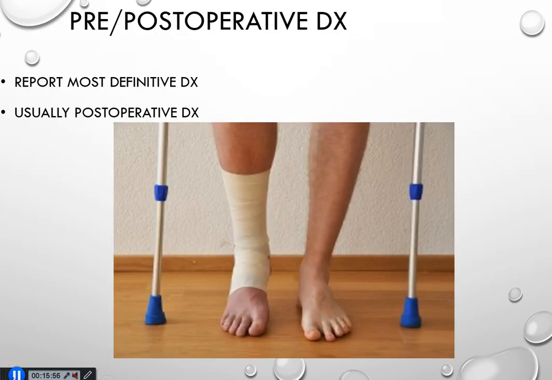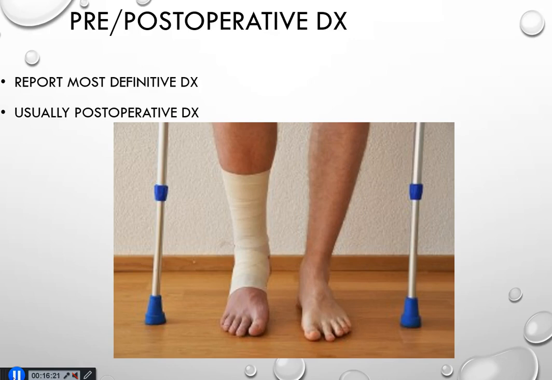For ambulatory surgery, we're going to code the diagnosis for which the surgery was performed. If the postoperative diagnosis is known to be different from the preoperative diagnosis, at the time the diagnosis is confirmed, we're definitely going to pick the post-operative diagnosis to report on our insurance claim form.